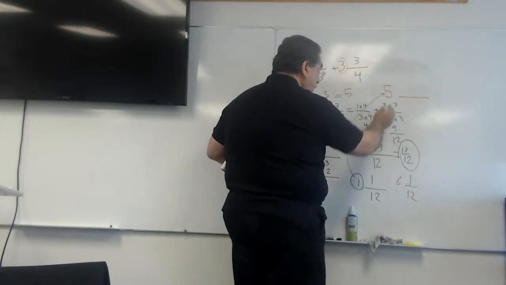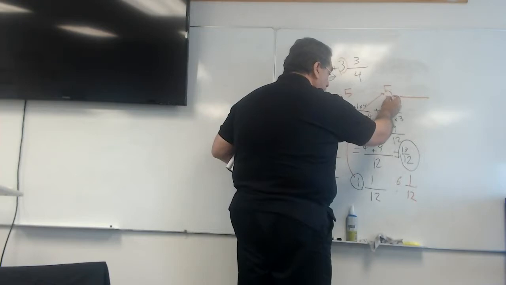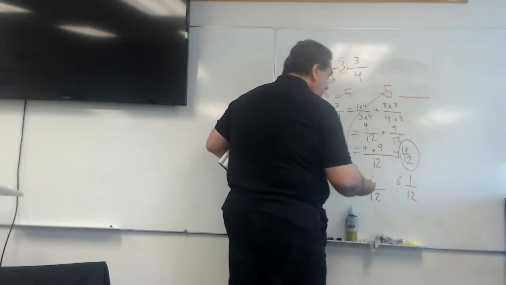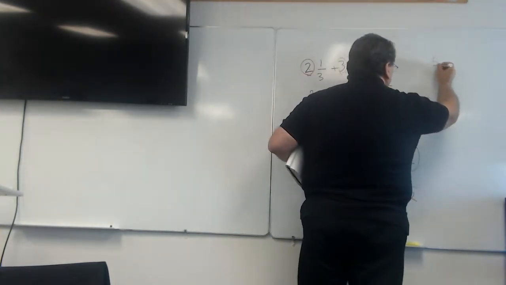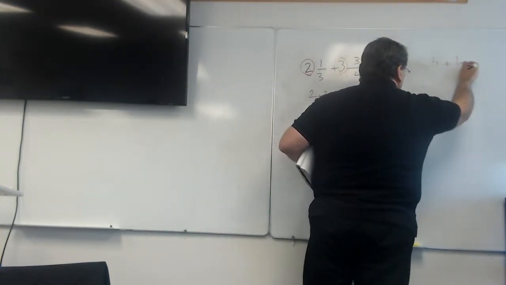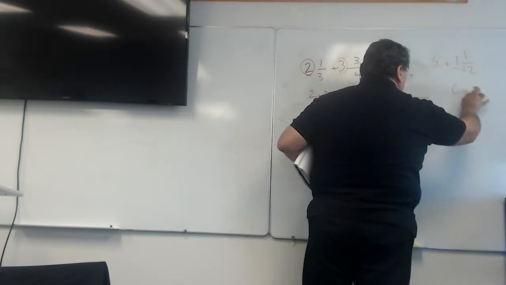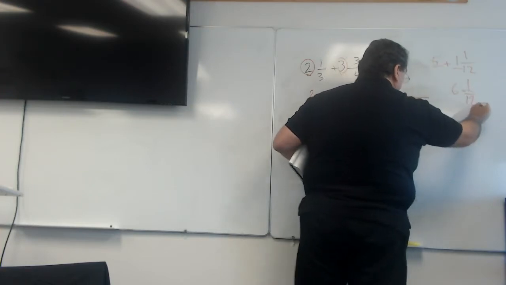Actually, we have 5 plus 1 and 1 over 12. Add these two, we get 6 and 1 over 12.